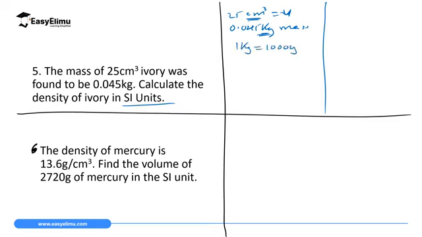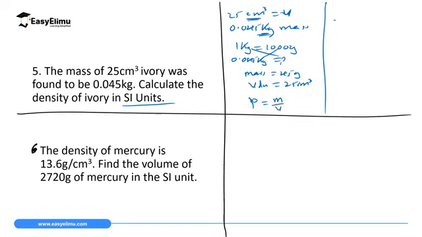Then we have 0.045 kgs. How many grams are there? In this case, mass is equal to 45 grams, and our volume is equal to 25 centimeter cubed. Then density is equal to mass over volume.